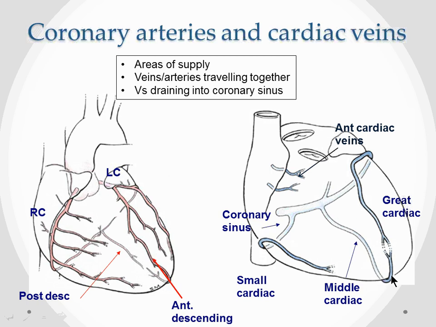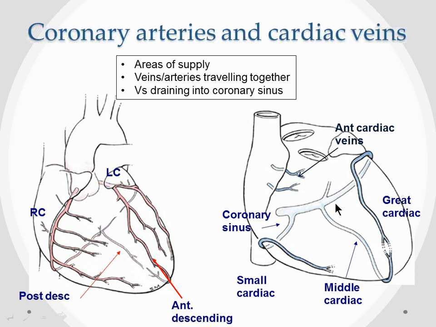And this middle cardiac actually starts from the anterior aspect and you can see it's winding around here. But most of its journey is with this posterior descending. Along the inferior border is this vein called the small cardiac vein, which travels with this right marginal artery. It also turns around and drains into the coronary sinus.